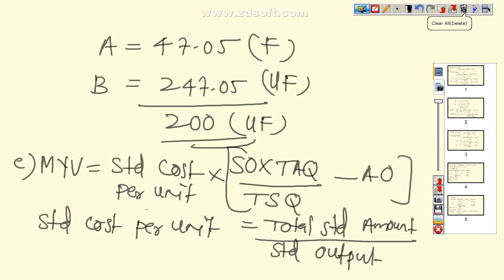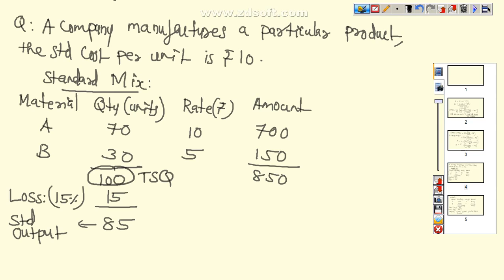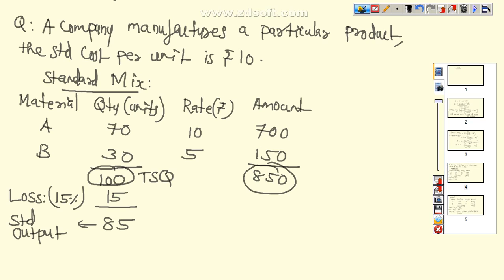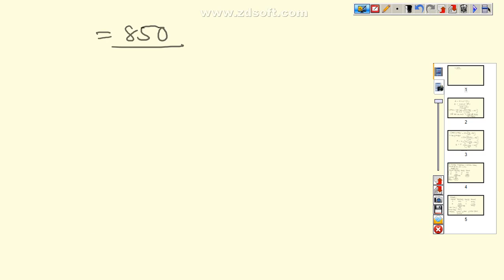According to the question, the total standard amount is equal to 850. So here we have to apply 850 upon standard output. Standard output is 85. So that is equal to 850 upon 85, that is equal to rupees 10 per unit.